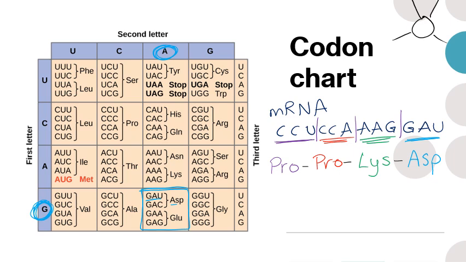Now, as one last note, we can see that we have some stops. So if the ribosome reads a stop, just nothing happens. There's no amino acid brought, that's just the end, and the polypeptide chain will detach.